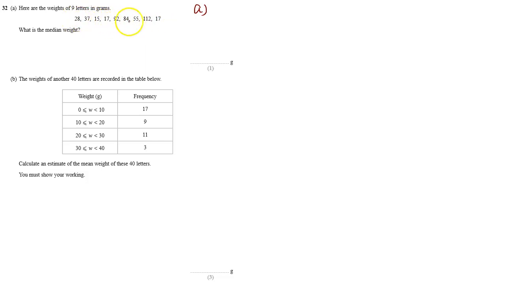So the smallest is 15, then we have 17, 17, then 28, then 37, then 55, then 84, 92 and 112.